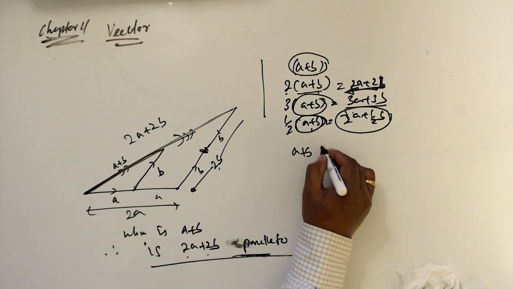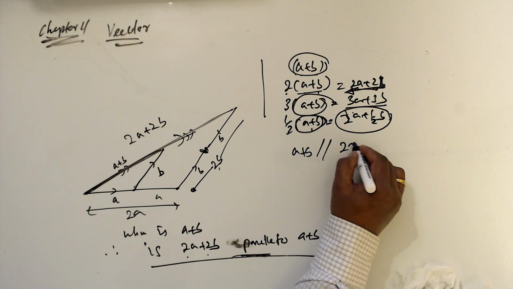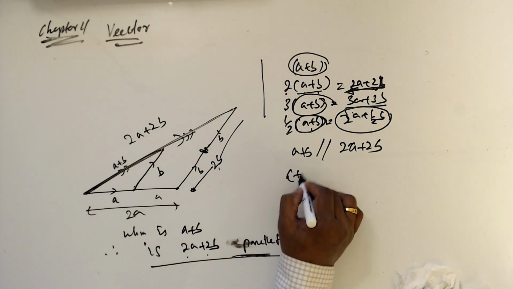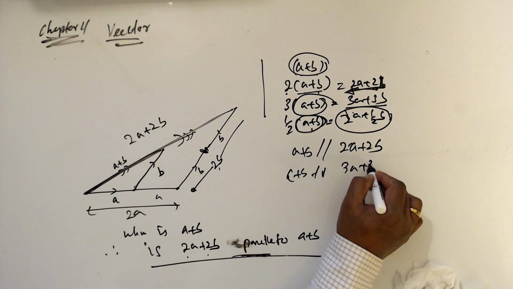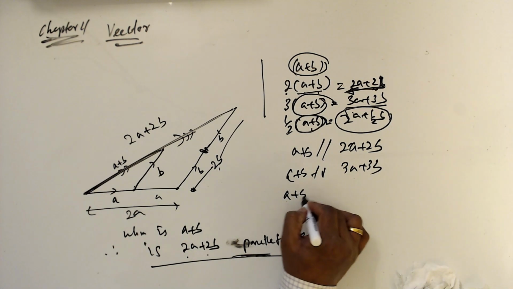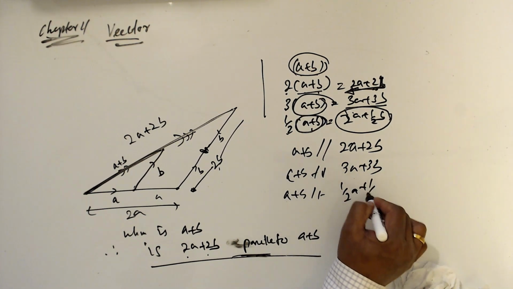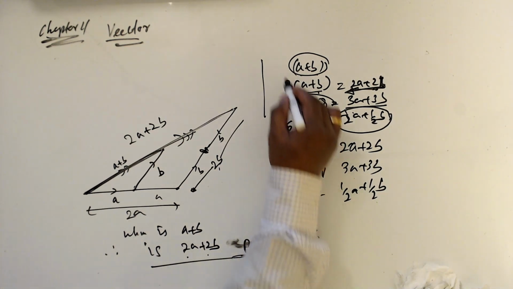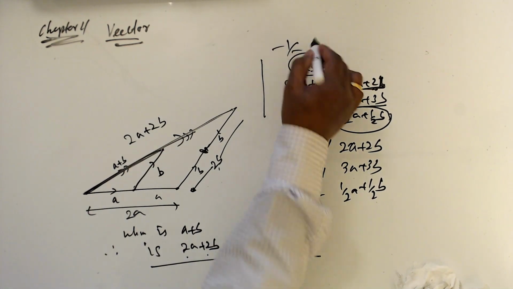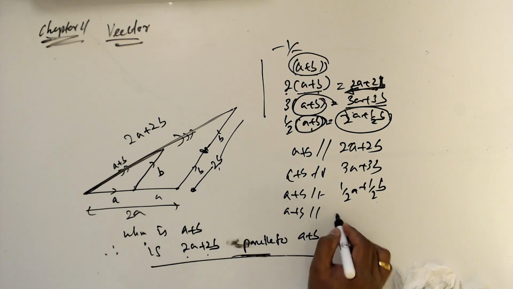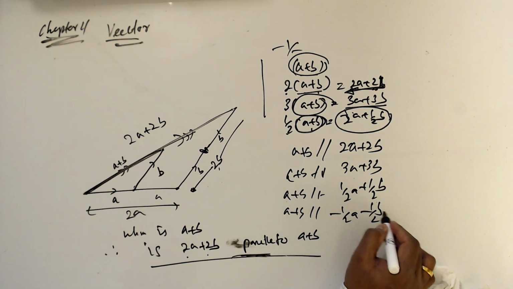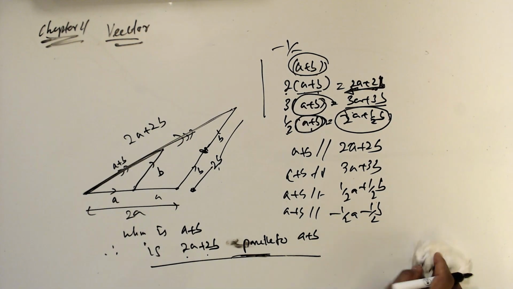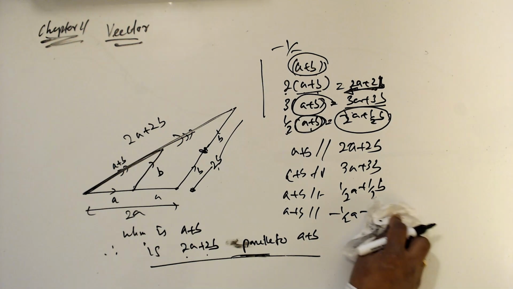A plus B is parallel to 2A plus 2B, to 3A plus 3B, to half A plus half B. Even if you reverse by multiplying by minus 1 or minus half, A plus B is still parallel to minus half A minus half B, but the direction is opposite. If it is positive, yes, it is the same direction.